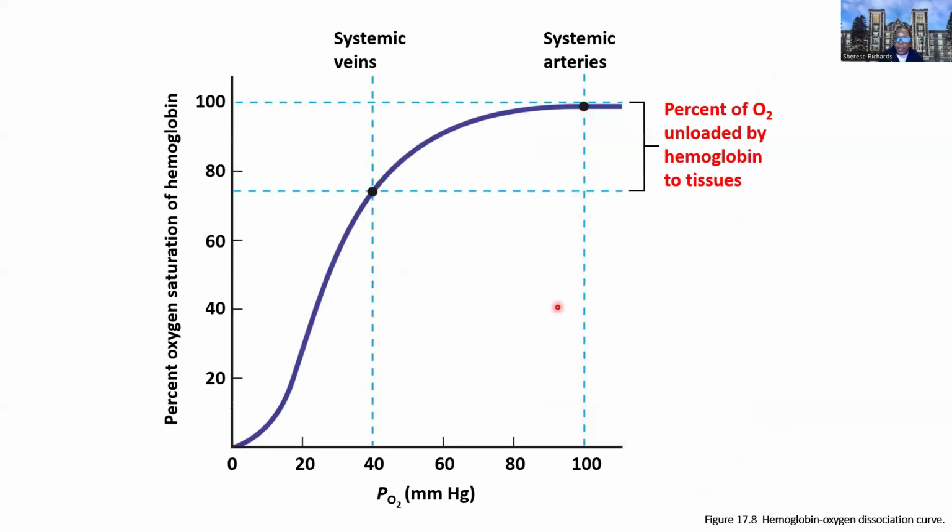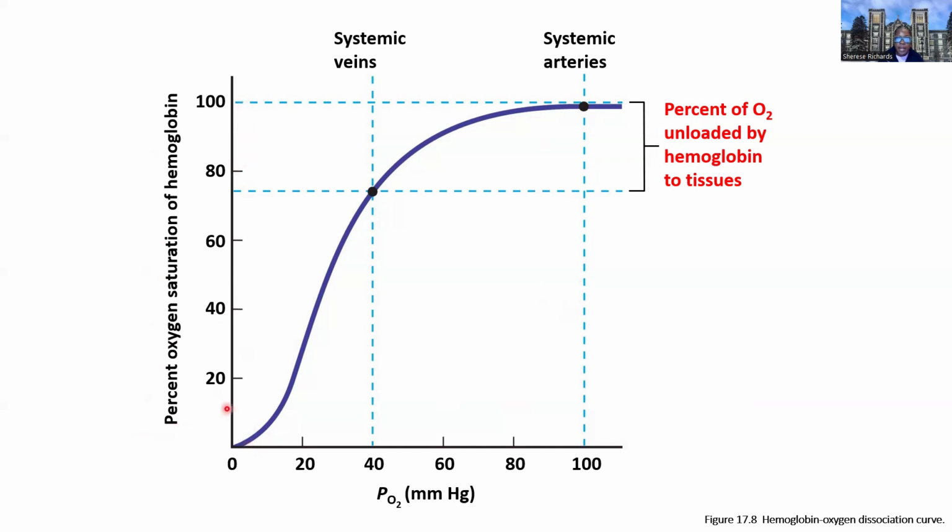So here is our oxygen dissociation curve. This is a very important curve that shows the way oxygen is offloaded at different places in our systemic veins and in our systemic arteries. This is the percent oxygen saturation, from 0 to 100.